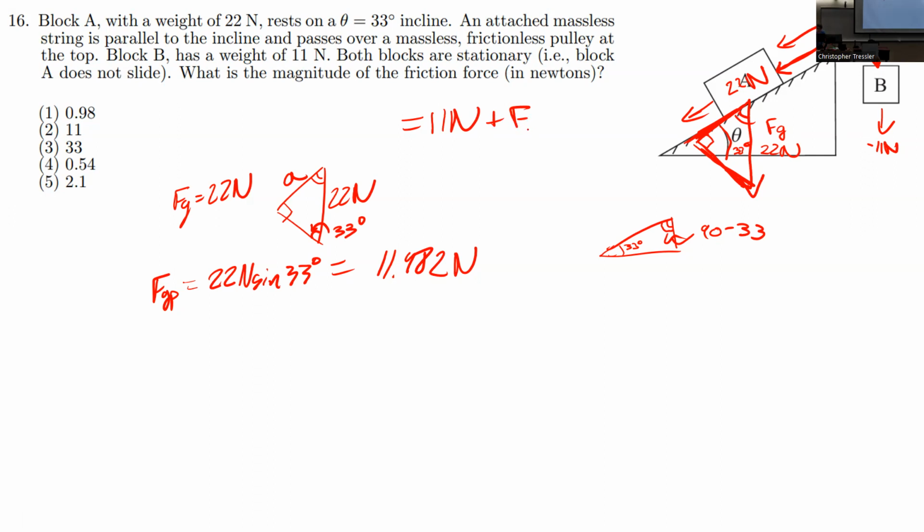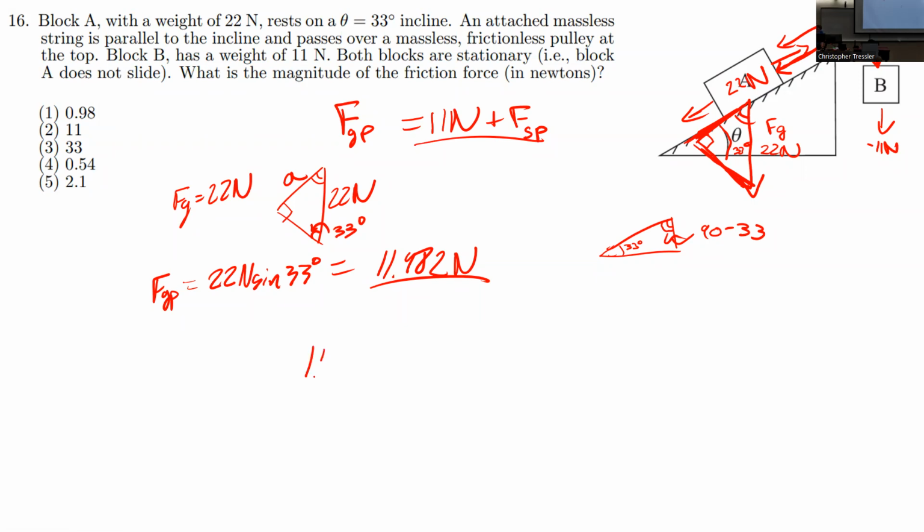So we have this plus the static friction force of the pulley is equal to the force of the gravity of the pulley. Since the gravity is pulling this many newtons down, you can see that the gravity is greater than this force. That means that the frictional force is actually going against that movement and going that way. So that's why the frictional force is the same direction as the force of block B.